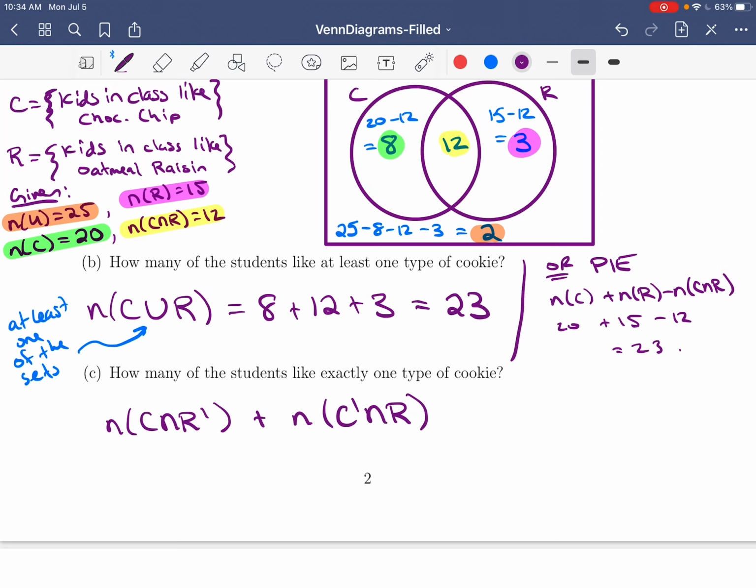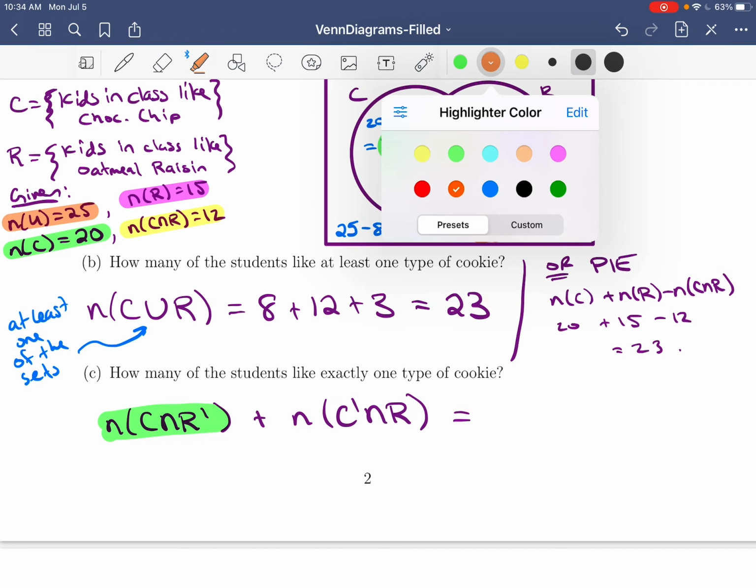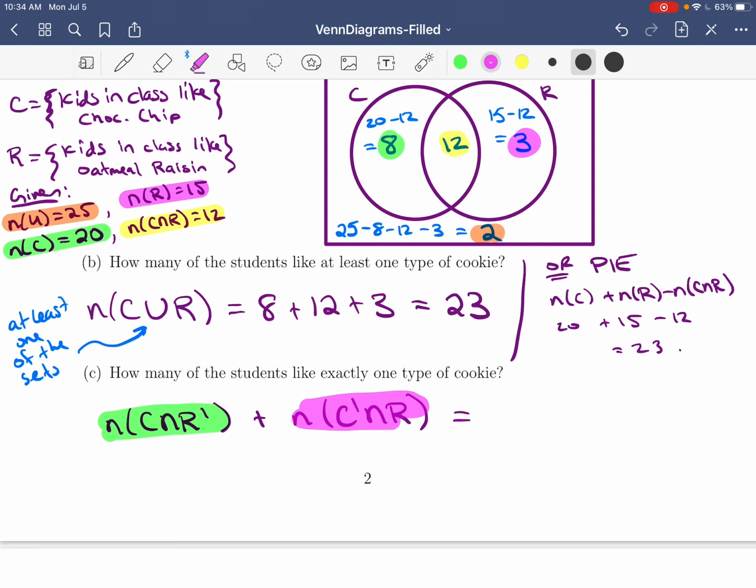So then from the diagram, we can see, I'm just going to match the colors. So this one is the green basic region, and this one is the pink basic region. So this is going to be 8 plus 3, or 11.